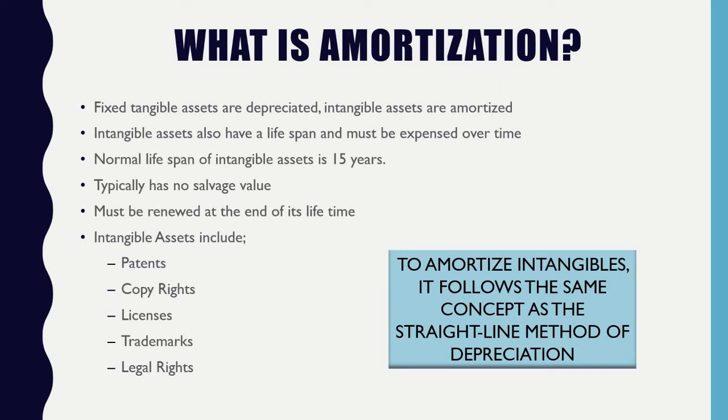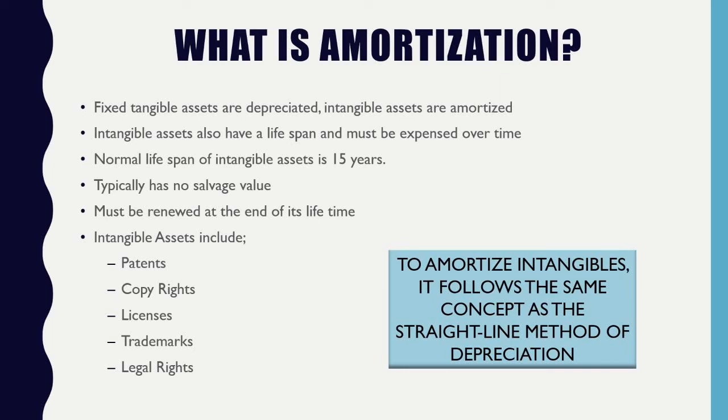So again, depreciation is for fixed tangible assets, amortization is for intangible assets, so other assets. And depletion is for land, but we're not going to talk about depletion today. Depletion is something that you learn in more intermediate levels of accounting. So amortization is another fancy word for depreciating intangible assets.